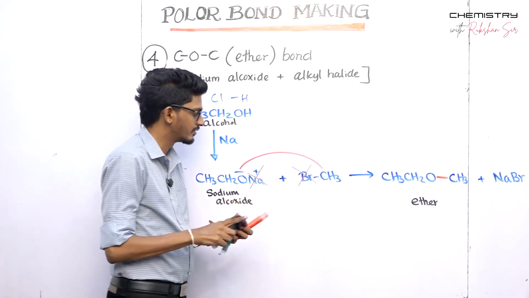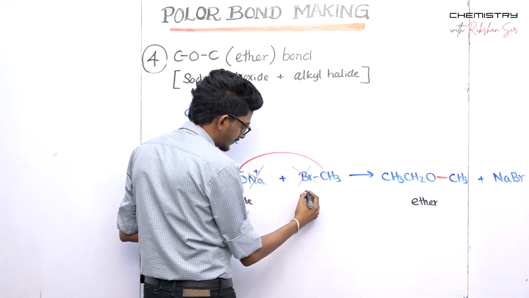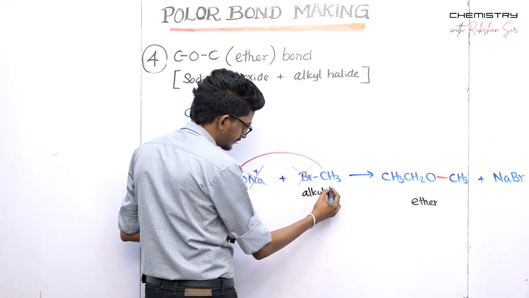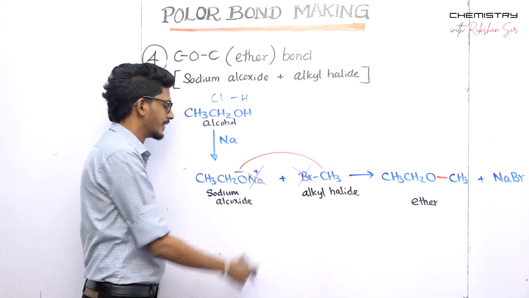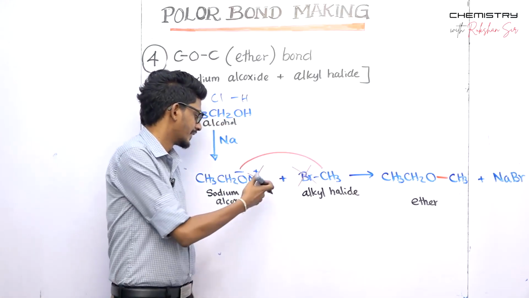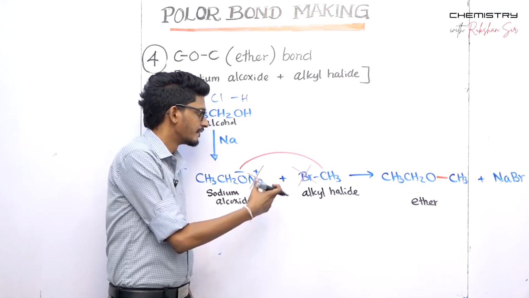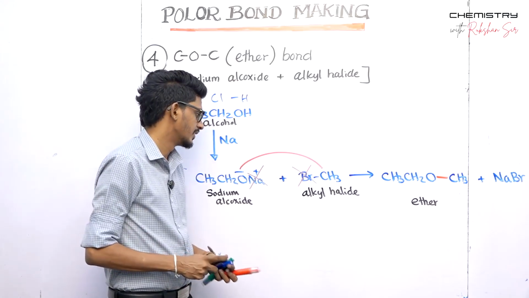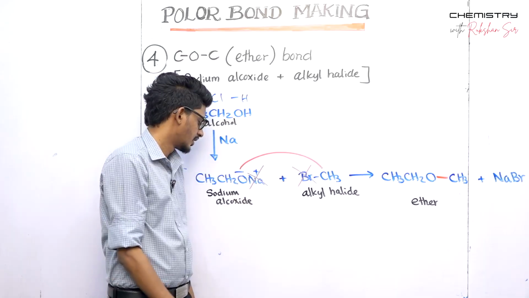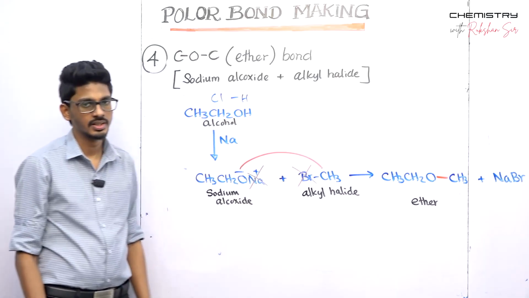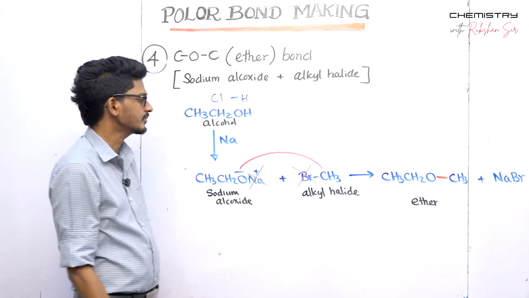Then you have to react that thing with the alkyl halide, so that a small molecule, NaBr, will leave, while the R group from the alkyl halide will connect with the oxygen of the sodium alkoxide. Right? Okay. So this is the idea.